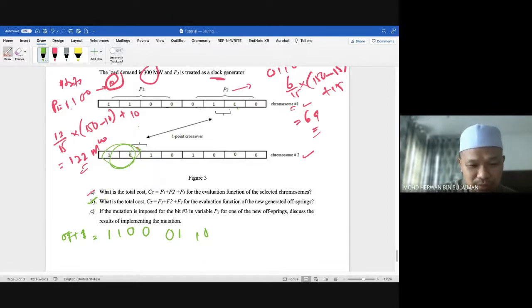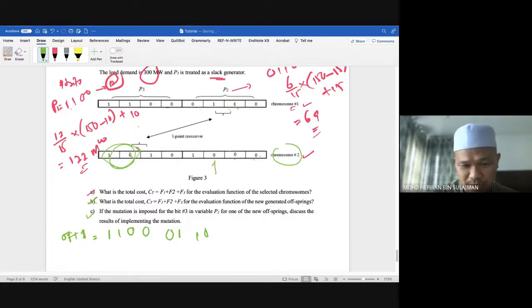And question C: if the mutation is imposed at bit number 3 of variable P2 for one of the offspring. So this one you need to select one. Let's say we select chromosome number 2 at P2. Variable number 3 has the mutation imposed, 0 to 1. You have 4 bits, 1, 2, 3, 4, right?